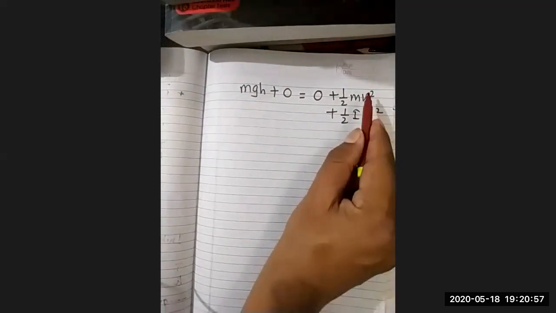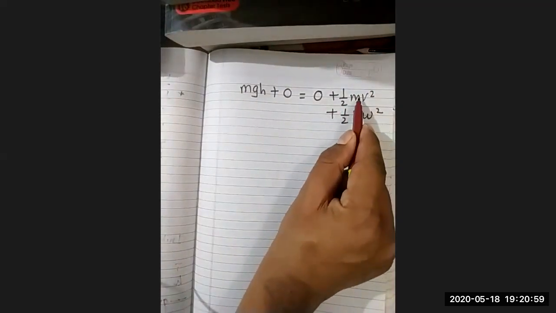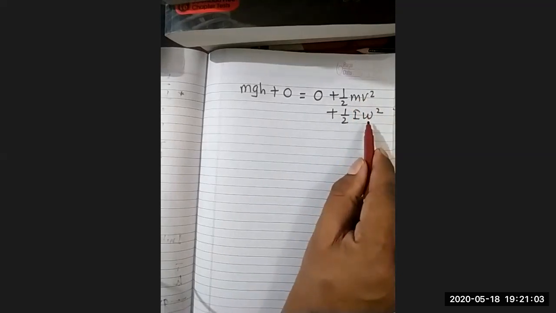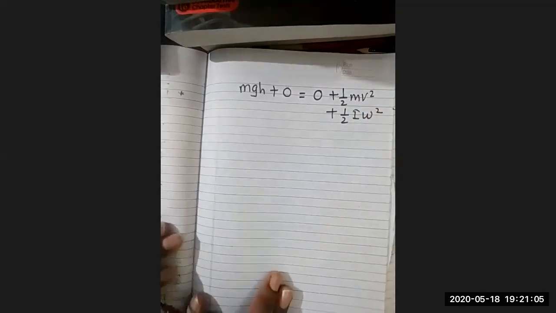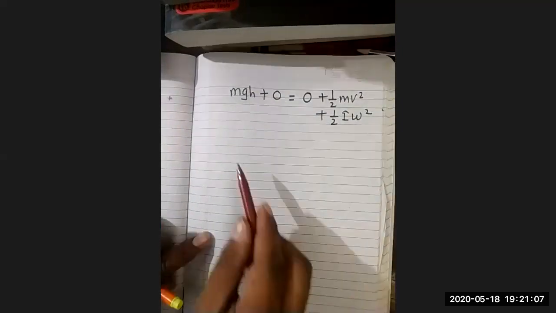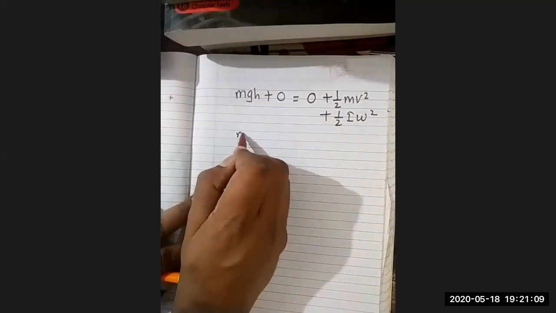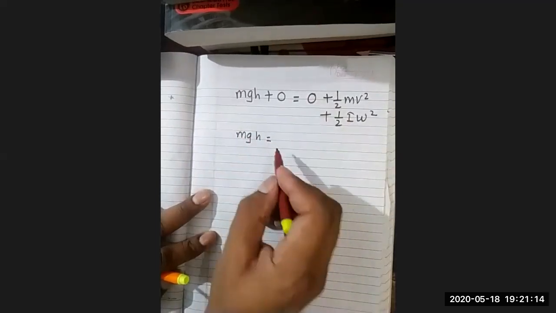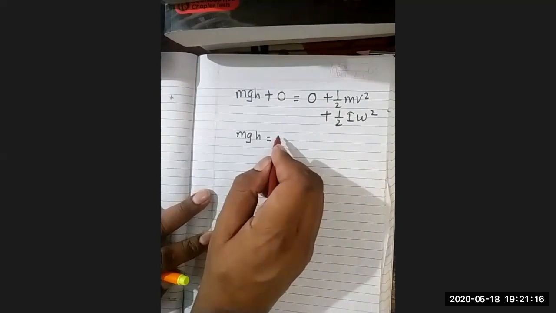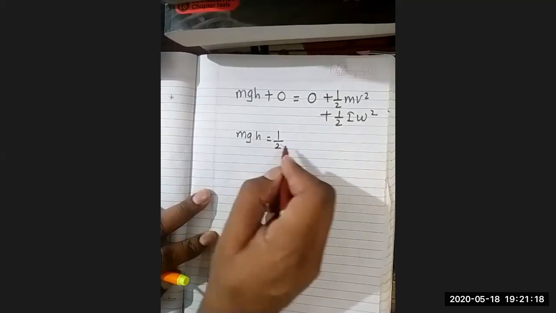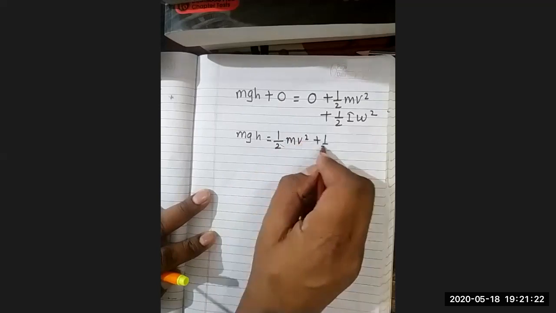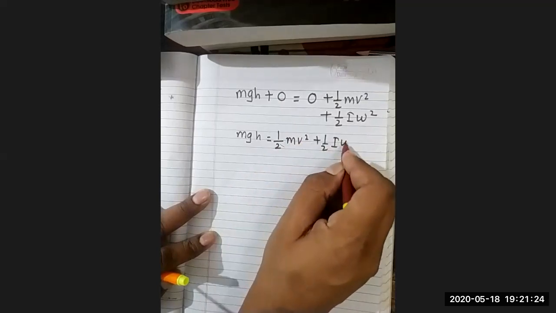So total kinetic energy at the bottom is equal to kinetic energy due to translatory motion plus kinetic energy due to rotatory motion. This is the situation we have. Now m g h is equal to, this 0 we are not going to consider. What will remain? 1/2 m v² plus 1/2 I omega squared.